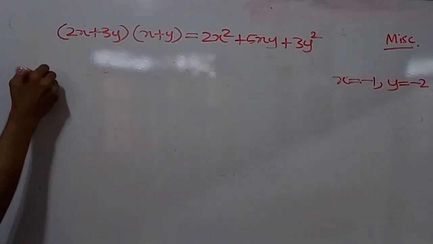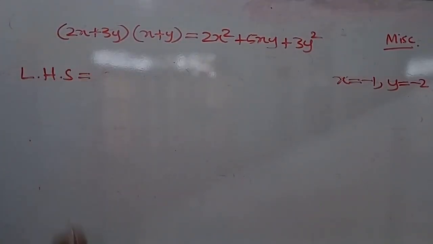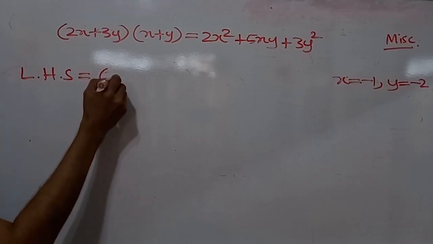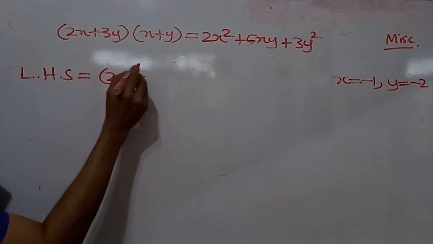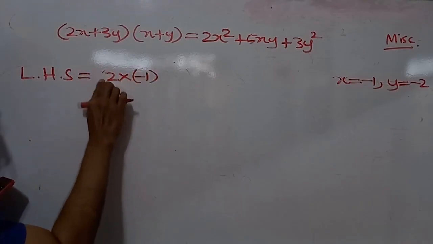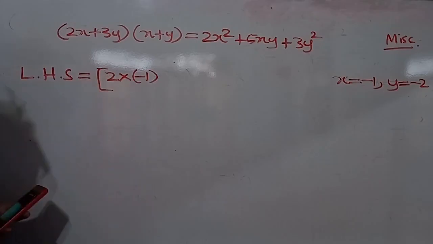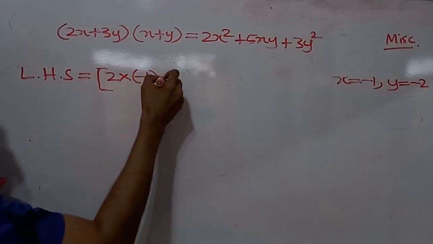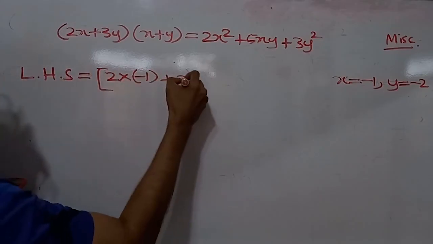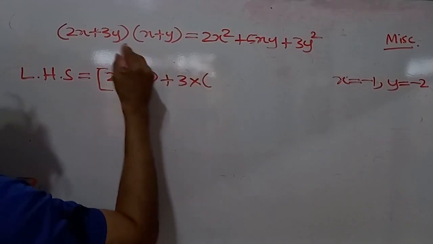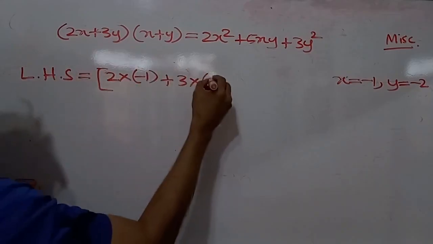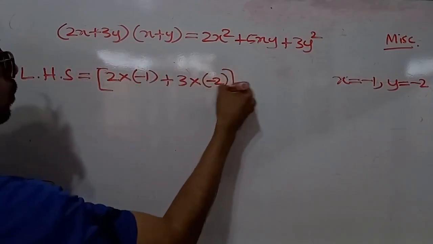Right. So the left hand side, what is that? 2x is what? Negative 1. We put it like this: negative 1 plus 3 into y is what? Negative 2.